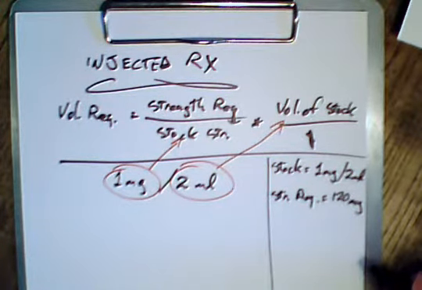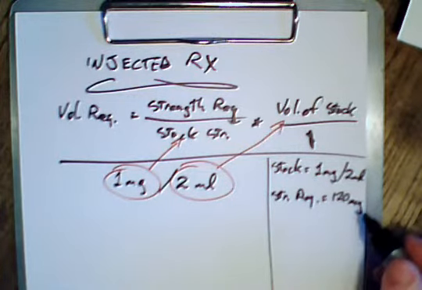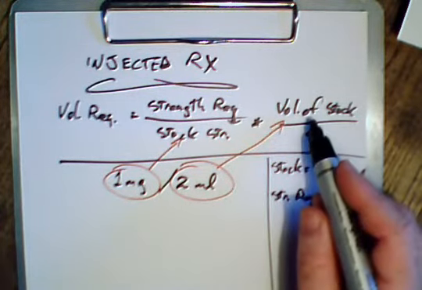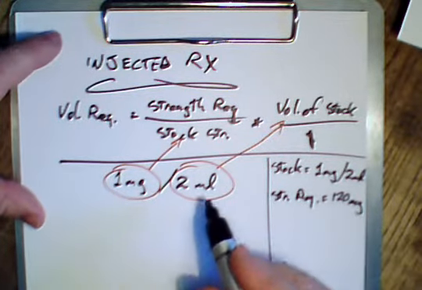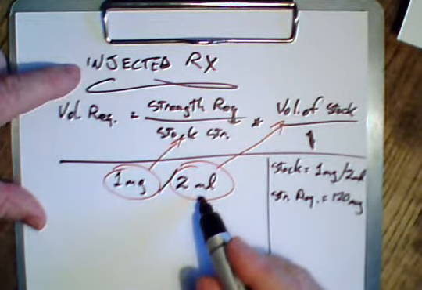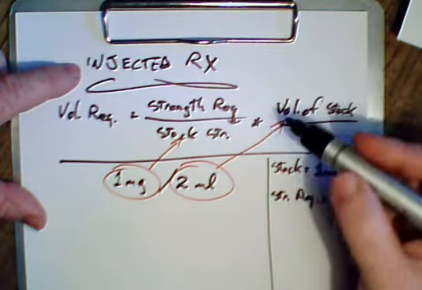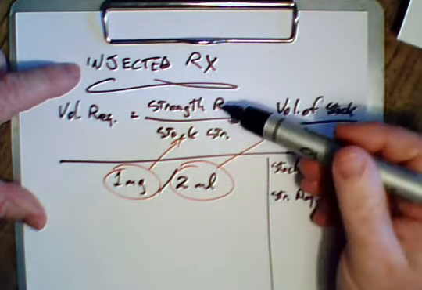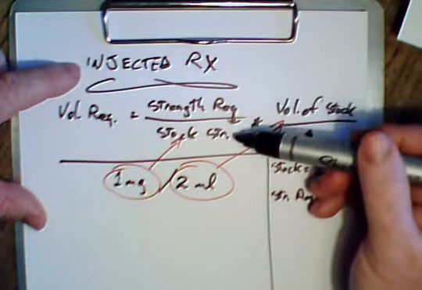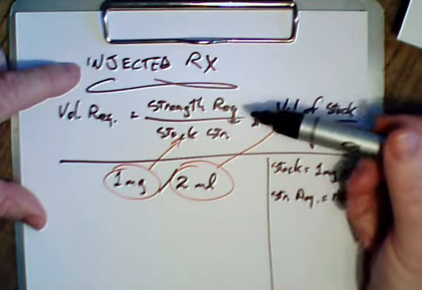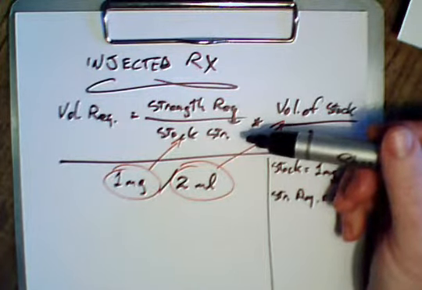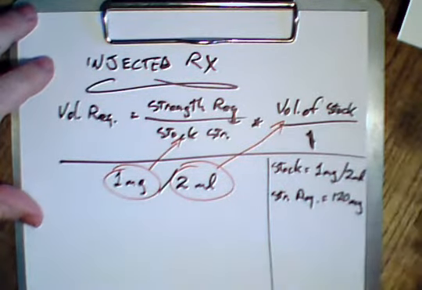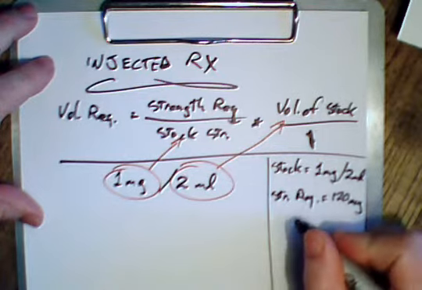Now, this is where they start to get a little bit funny, because you've got to make sure that your units are all the same. It's no good having micrograms going into a formula with milligrams, because you're going to have micrograms divided by milligrams. No good. So first thing is to go back to the conversion that you had.